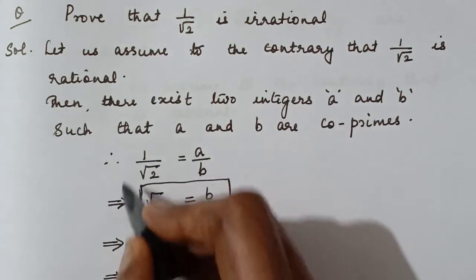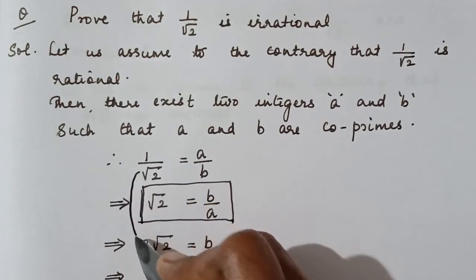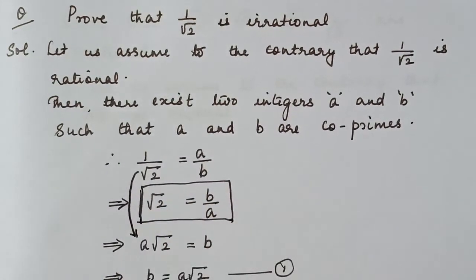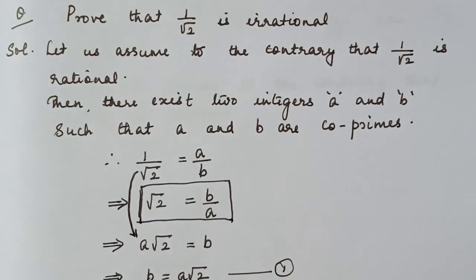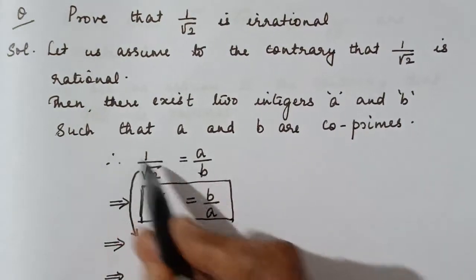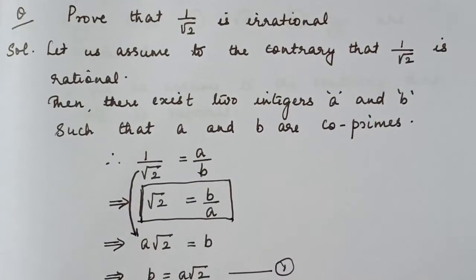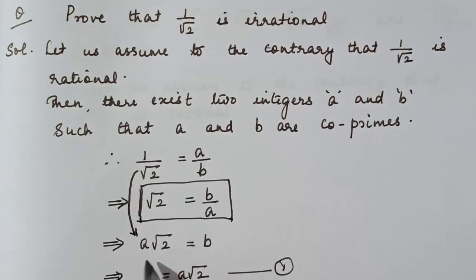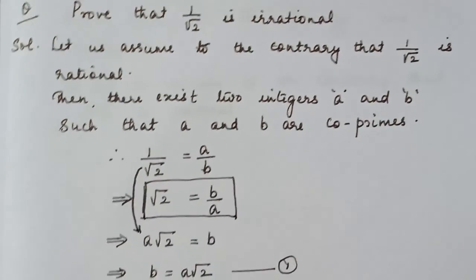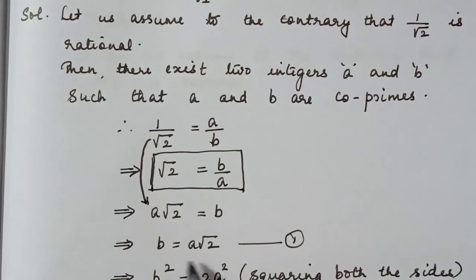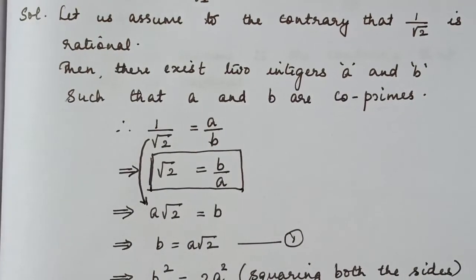From here itself you can directly write this step. That is cross multiply. b is equal to a root 2 or a root 2 is equal to b. Now this you have to make it as the first equation.